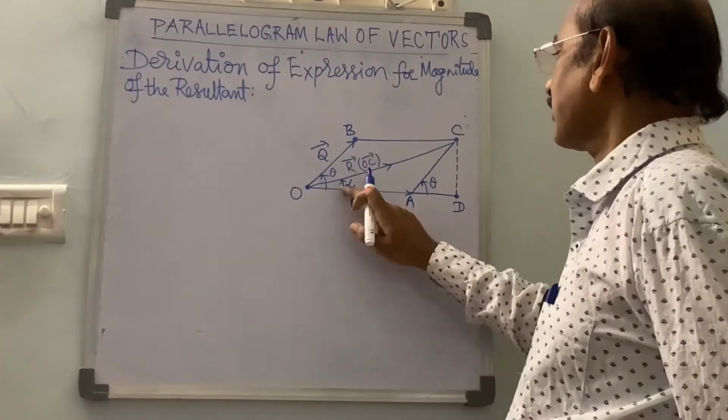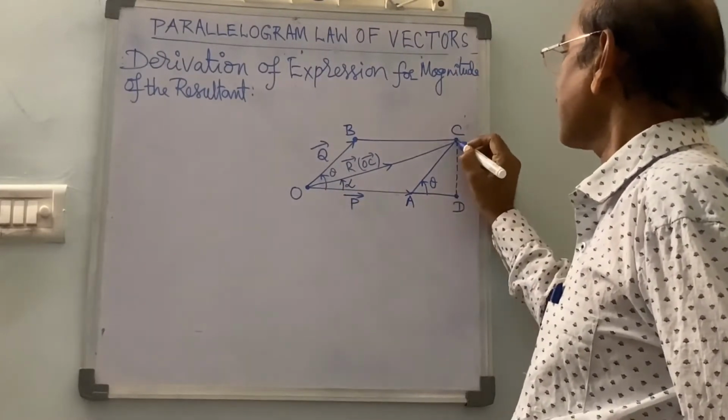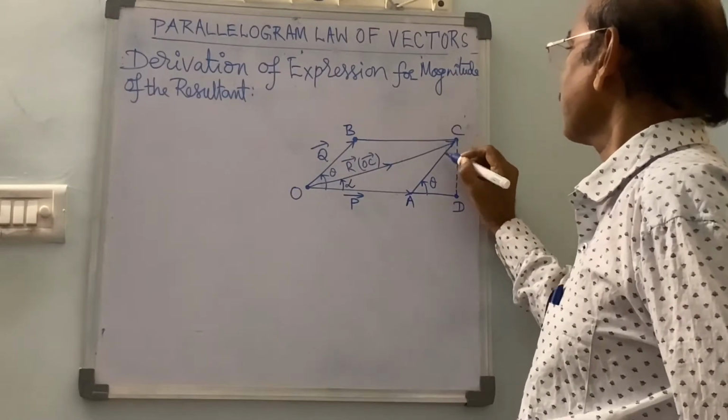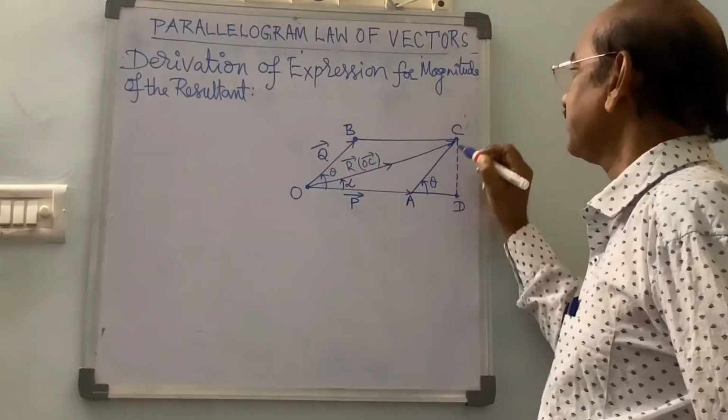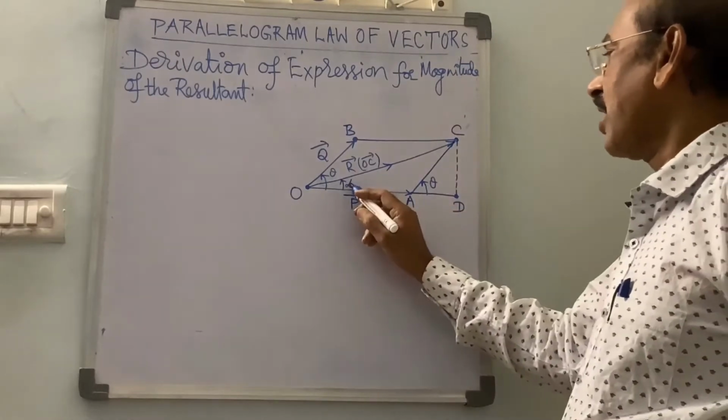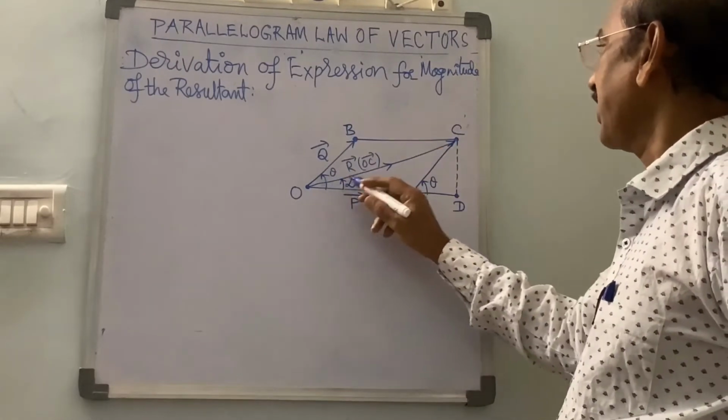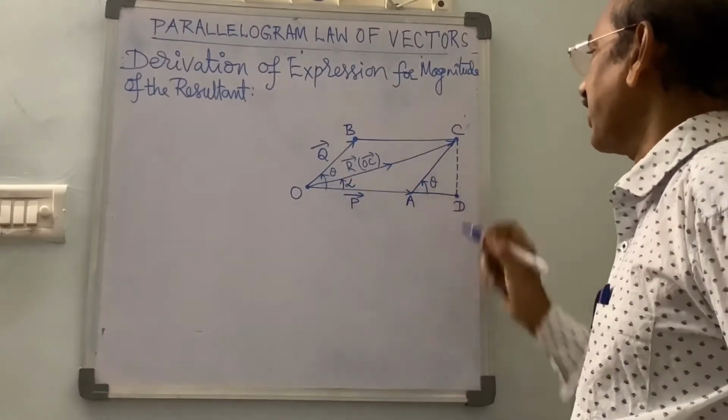So the resultant direction is represented by angle alpha, which is made by OC bar with the OD bar.